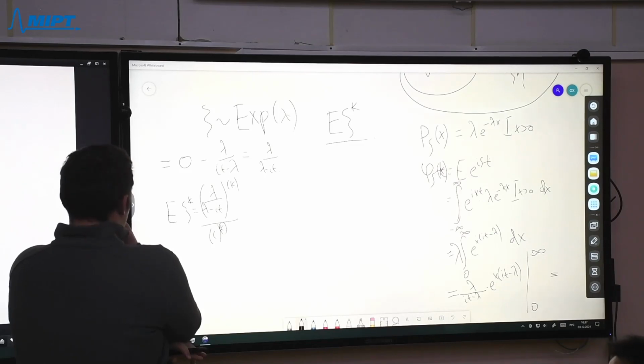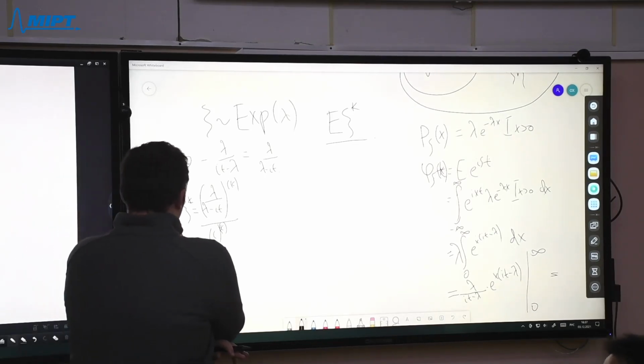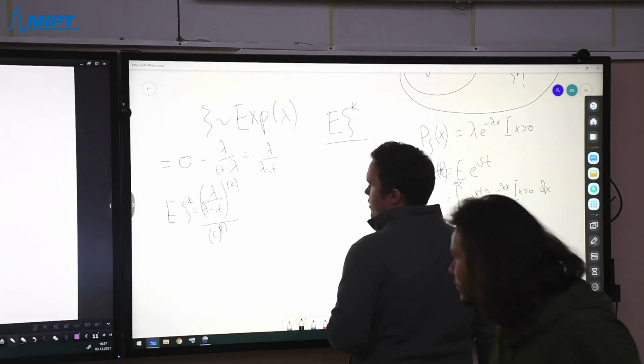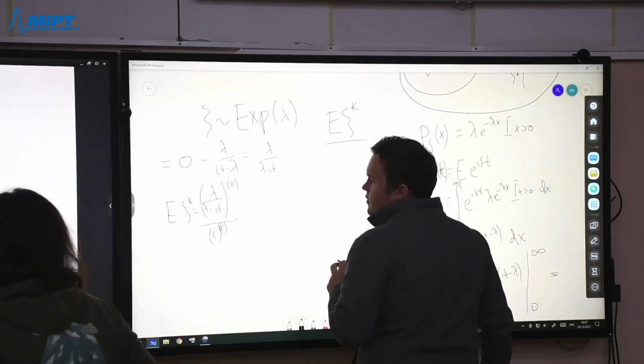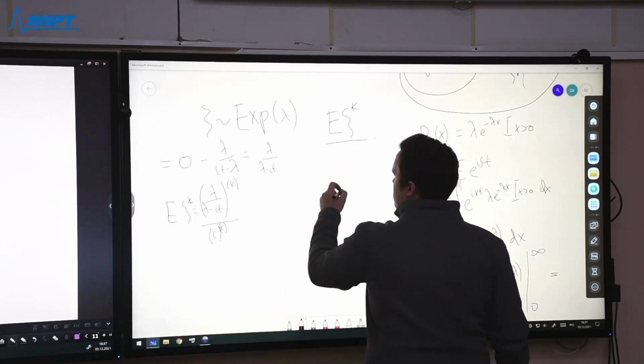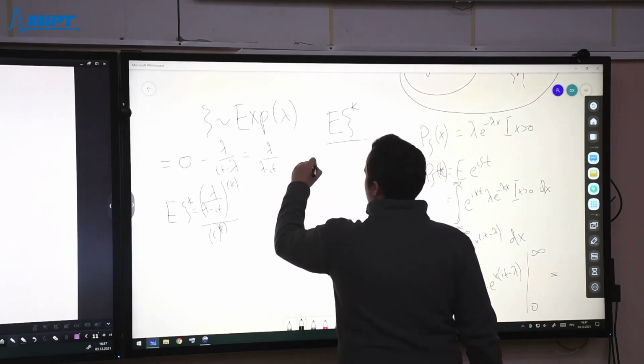So let's just write out some derivatives and see what it looks like. Find the first one, and the second one, and then you can see some rule.